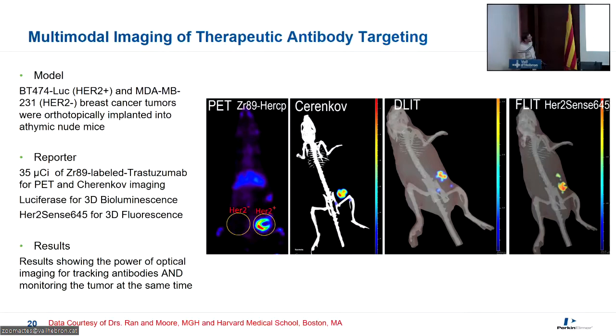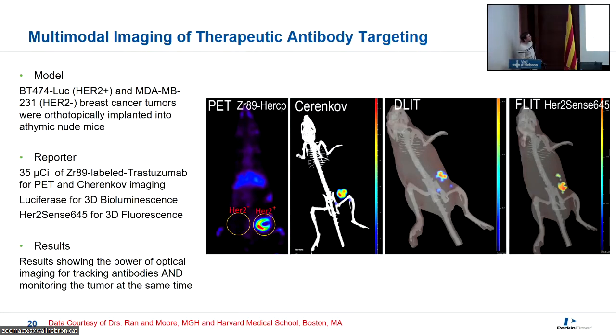So we can see that only HER2 positive tumor is trapping this trastuzumab, which is targeting HER2. So here in the contralateral part, MDA-MB231 is not detected.